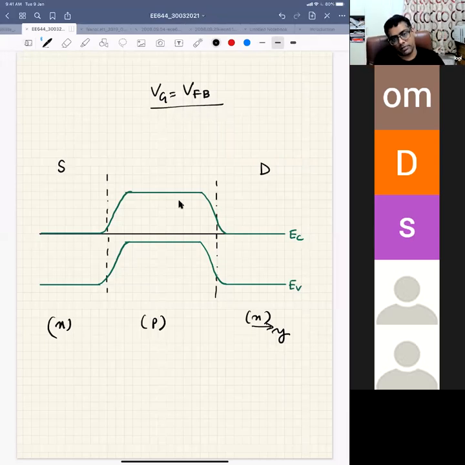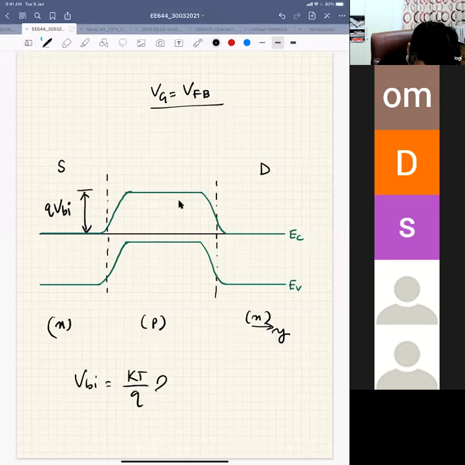We are talking about this barrier potential, which is qVBI, and this VBI is nothing but kT/q ln(NA ND/ni²), where ND is the doping of the N plus regions.